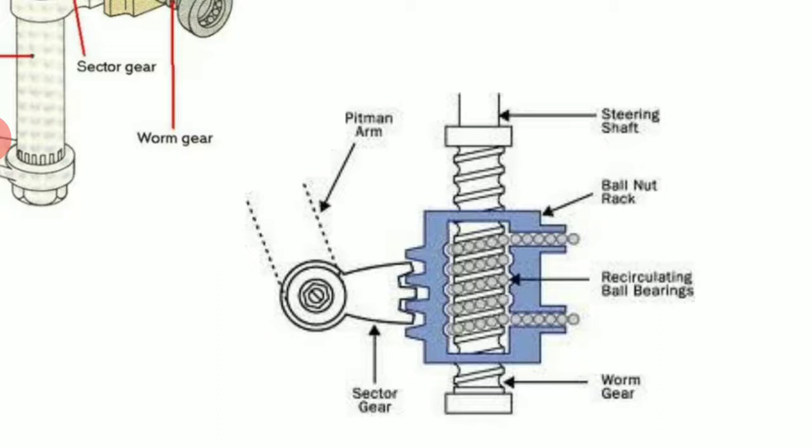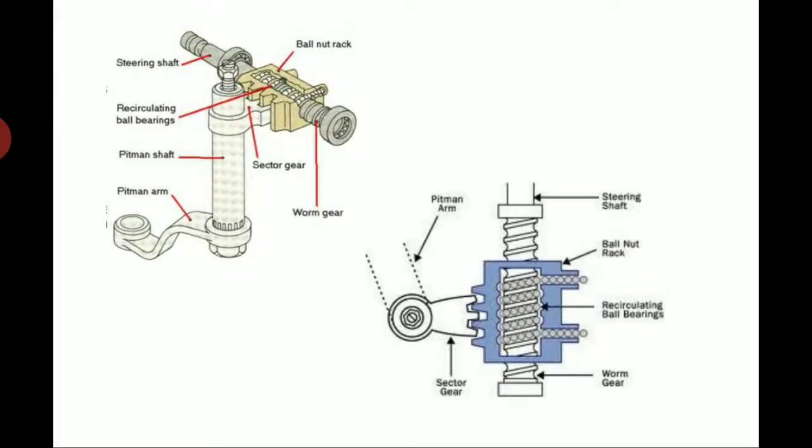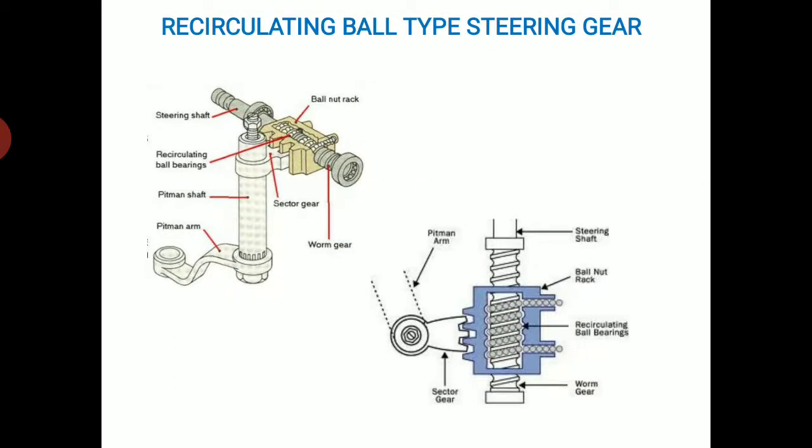When the steering is rotated, the balls keep moving continuously, whatever the length provided or whatever the angle I am rotating the steering. The balls move only through that length in the nut rack. When the worm gear rotates, the ball nut rack and sector gear rotate to and fro, and it is connected to your pitman arm. This is how the recirculating ball type steering gears work.